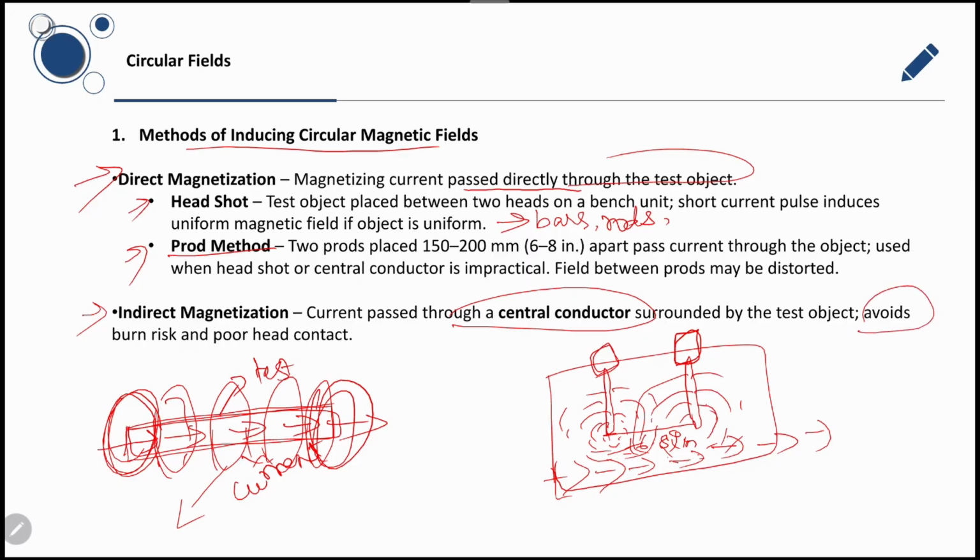That is, it avoids burn risk on the test object surface and it eliminates issues of poor contact resistance between heads and the part. As a result, indirect magnetization is safer and often more reliable for irregular shapes or delicate parts. This is the indirect magnetization.